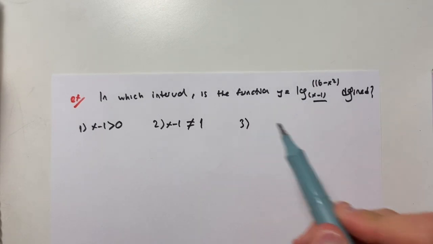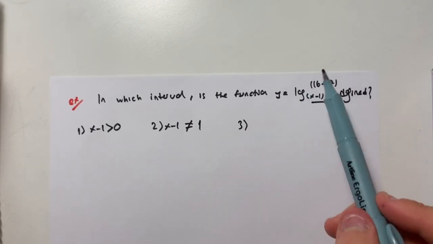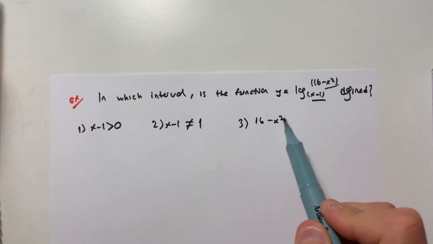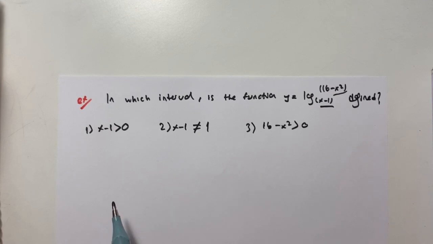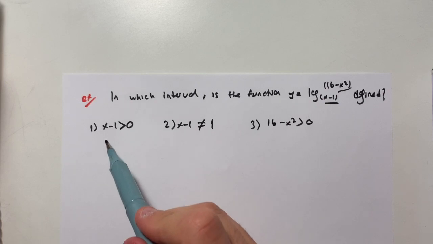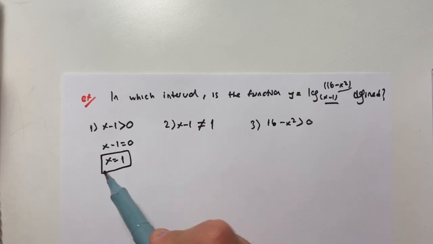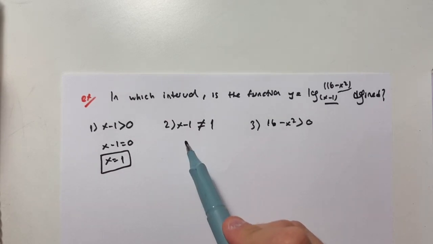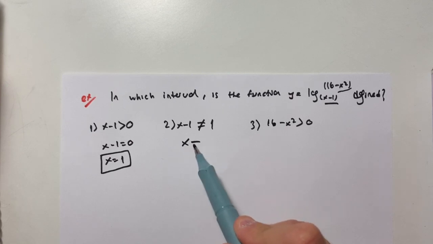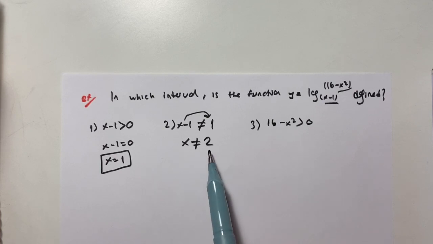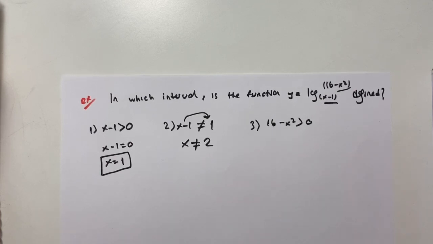And for the third and the most important rule, this part should be greater than 0. If we solve the first inequality, we can use inequalities. So this is our first root. And for the second one, we have to keep in mind that x cannot be equal to 2. This 2 cannot be in our interval.